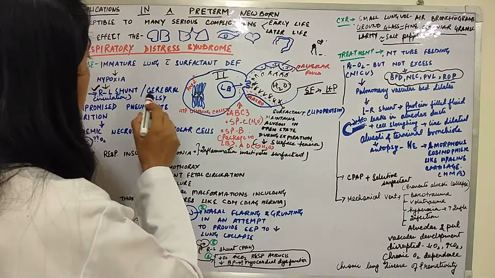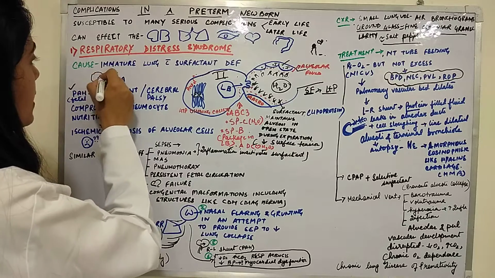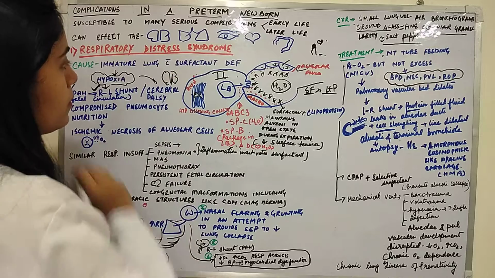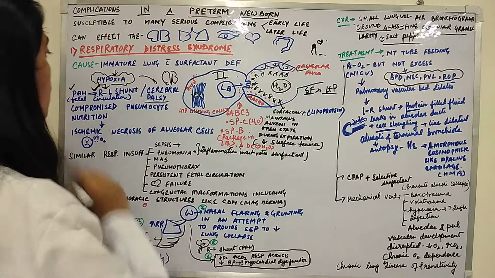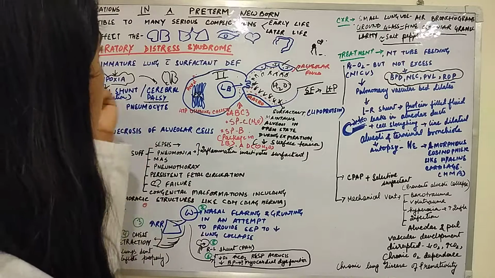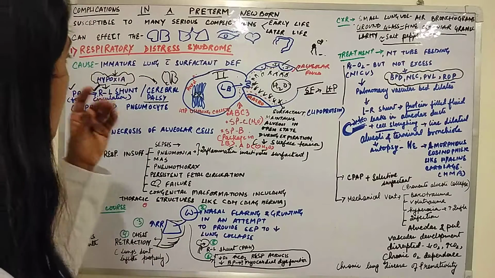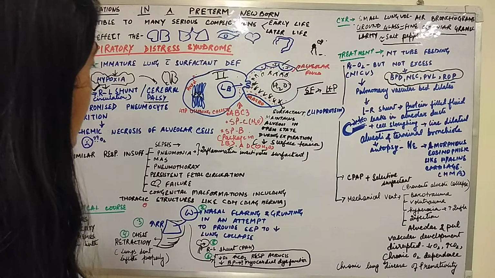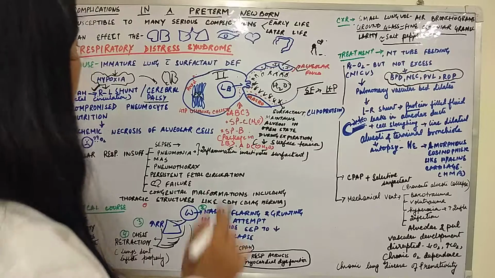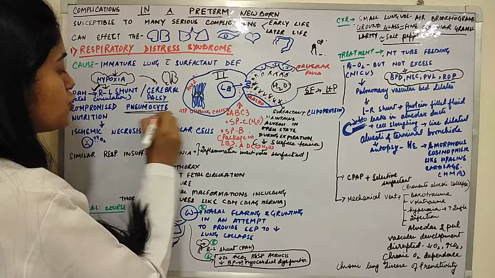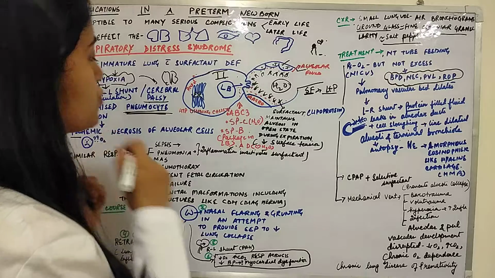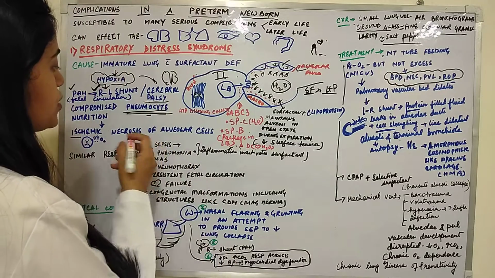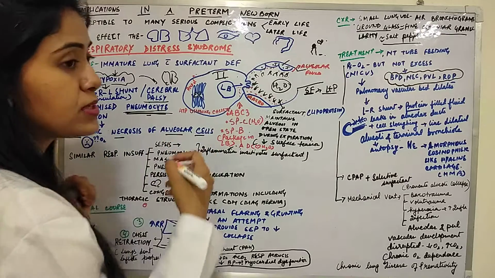So a right to left shunt and pulmonary artery hypertension will be associated in most cases of RDS. Now, since there will be hypoxia, it will lead to cerebral palsy or brain damage. Apart from its effect on the pulmonary artery, the right to left shunt, and cerebral palsy, it will lead to pneumocyte ischemia due to compromised nutrition of the pneumocytes, and that will lead to necrosis of the alveolar cells.